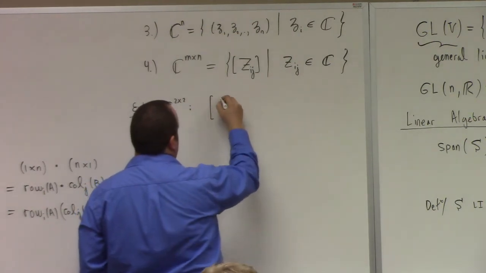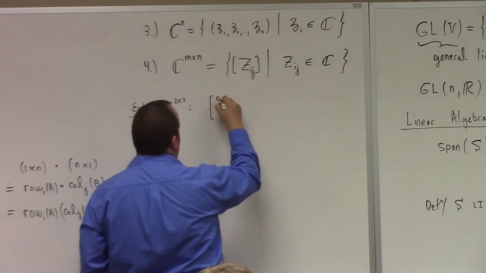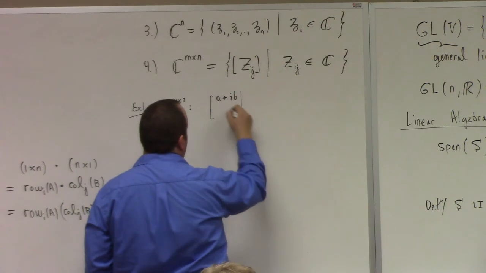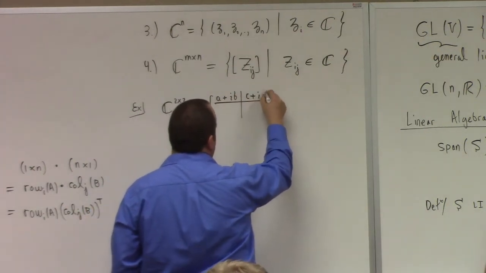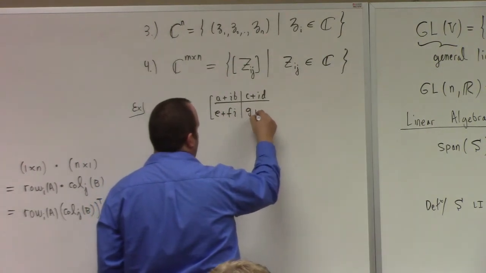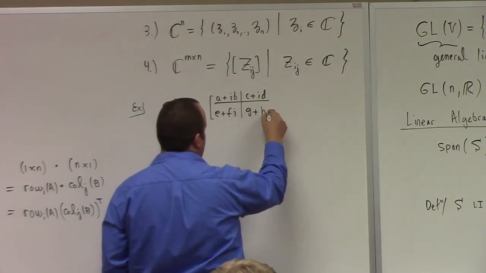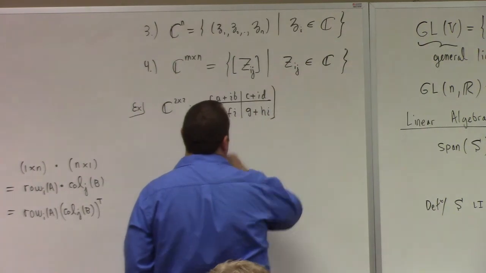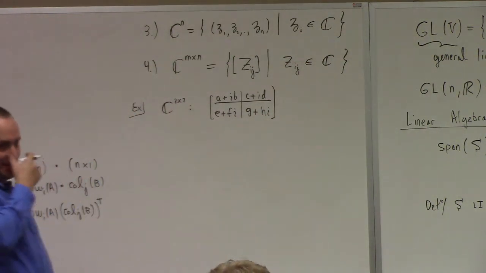What does a typical element in here look like? It looks like this, right? A plus iB, C plus iD, E plus iF, G plus iH. Phew, I was worried I was going to run into I. Okay, good.